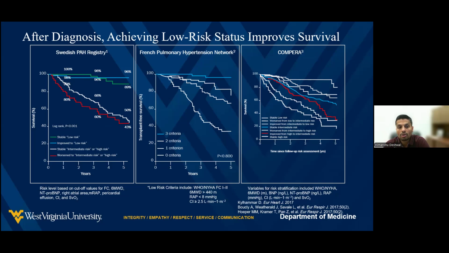Once you start treating patients who are diagnosed and have high risk status based on the scores, and you get them into low risk status, their survival improves to 96% at 5 years. And we have patients who've been on therapies for 20, 25 years living a normal life because they were diagnosed and treated early and aggressively to get them into this low risk status.